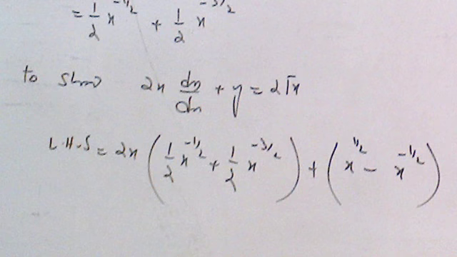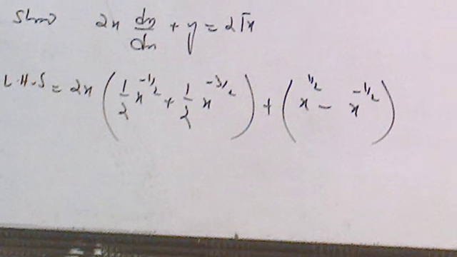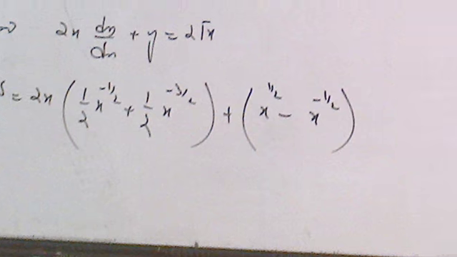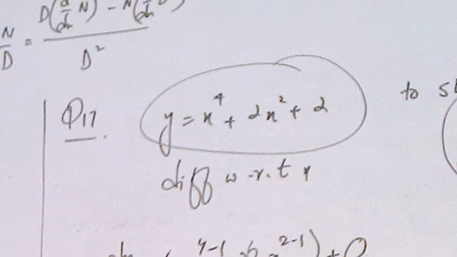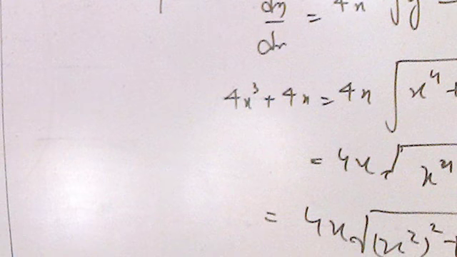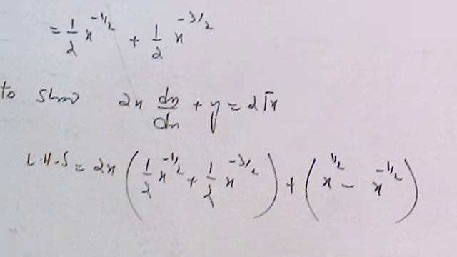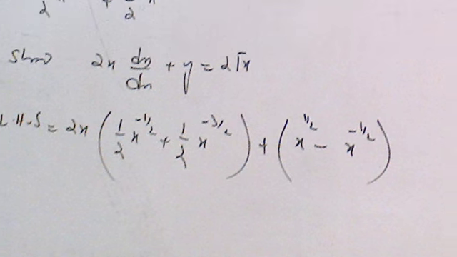Then 2x, we put the value of dy by dx plus value of y, we multiply by 2x in the bracket. Now multiply 2x in the bracket, 2 cuts with each 2, and power of x is added with the power of x, then simplify, and we get the answer 2 square root x.